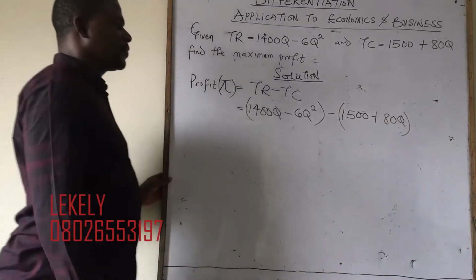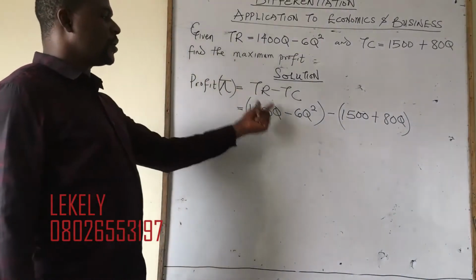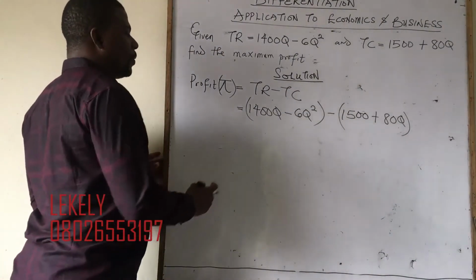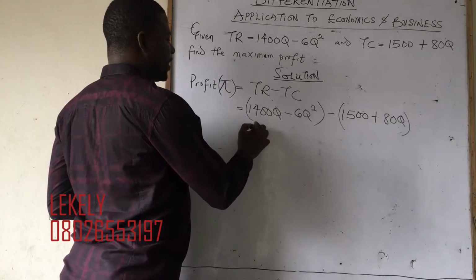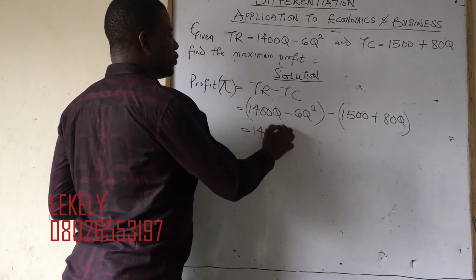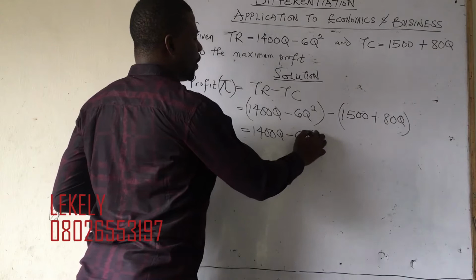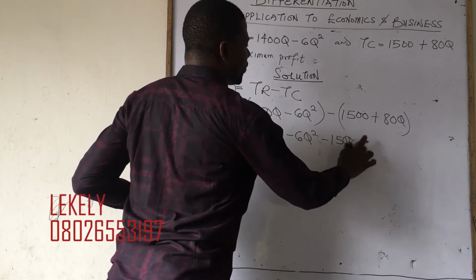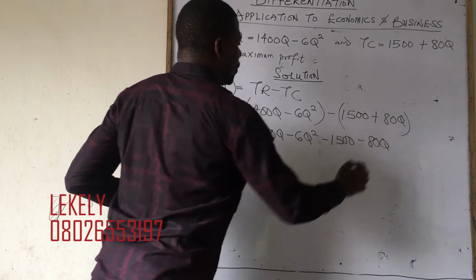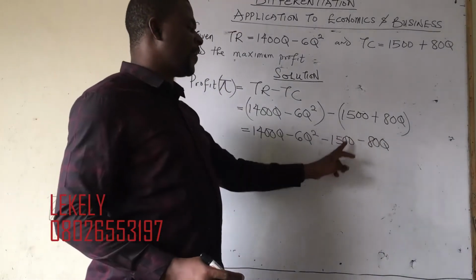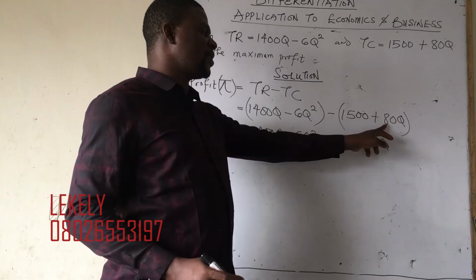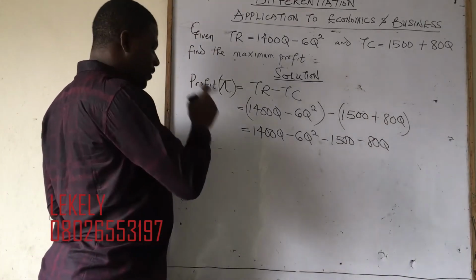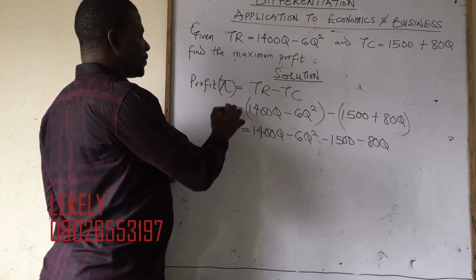Opening up the bracket, I'm going to have 1400q minus 6q squared minus 1500 minus 80q, because minus times 1500 is minus 1500 and minus times plus 80q is minus 80q. This is our profit.